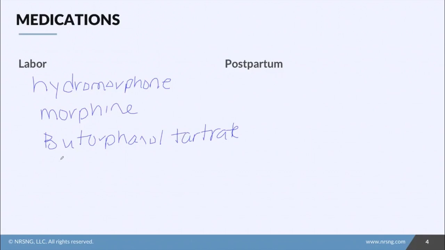Another one, nalbuphine or Nubain, is an option to give. So these are for our labor. In the postpartum time frame, the most widely used opioid medication is going to be oxycodone.